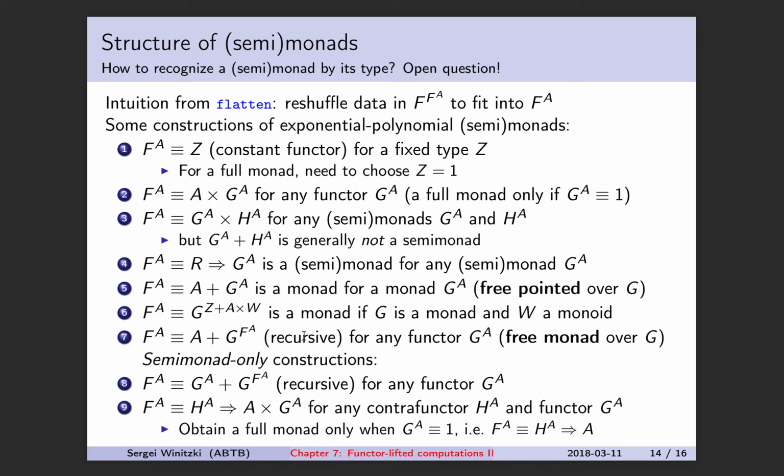And because you get a monad out of an arbitrary functor, so to speak, for free, remember, it's called a free monad over G. I mentioned that there are constructions called free constructions that give you properties for free.